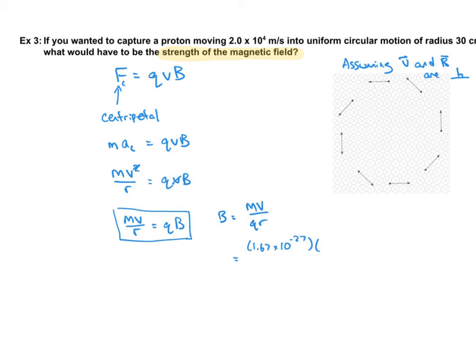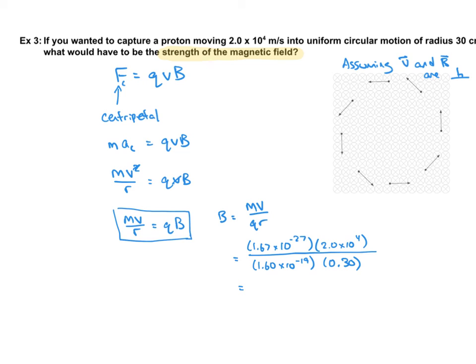The velocity is given to us at 2.0 times 10 to the 4. The charge of a proton, you can also find in the useful values document, 1.60 times 10 to the negative 19. And the radius is 30 centimeters, which needs to be put into meters, the SI units, so 0.30.